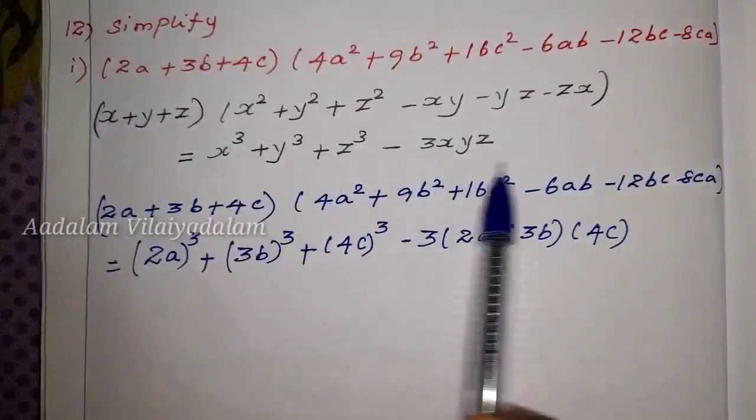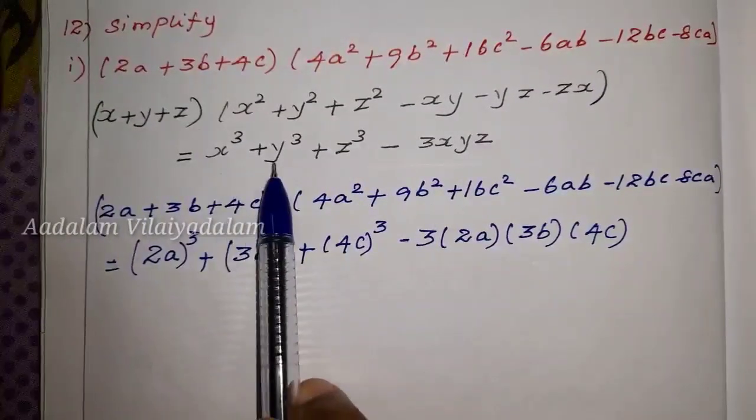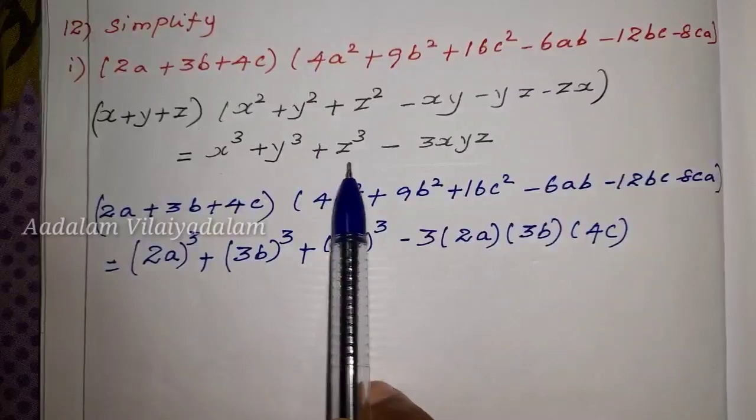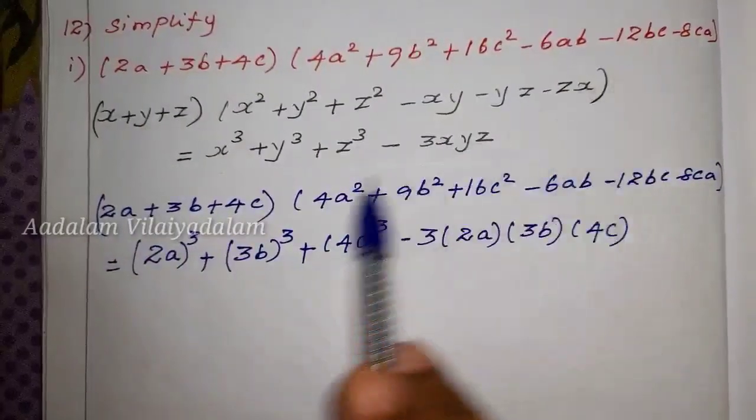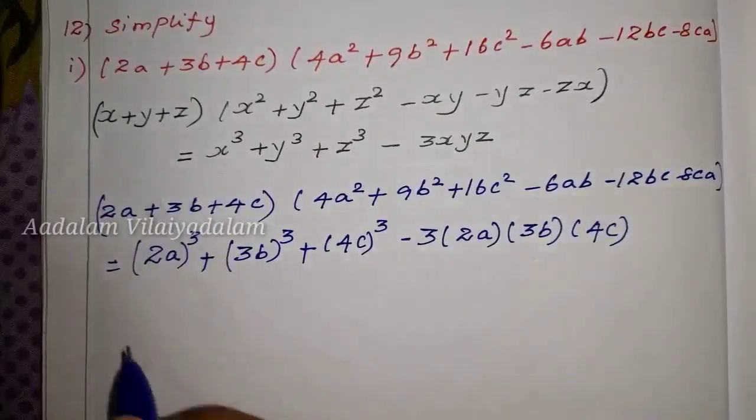So we only have to find the value of x cube plus y cube plus z cube minus 3xyz. Here the left side value is given, so we have to find the right side only.